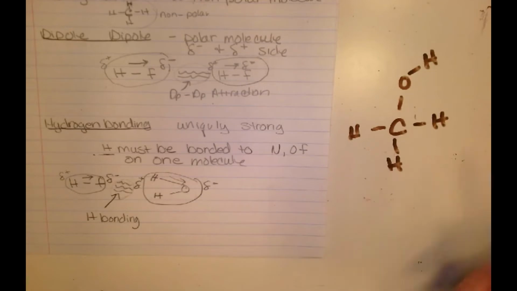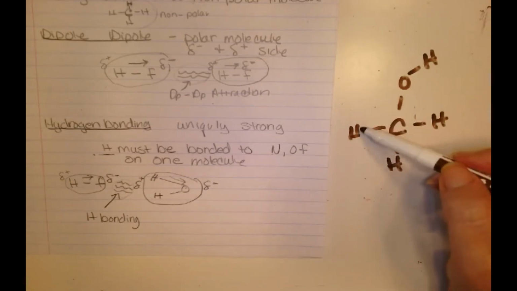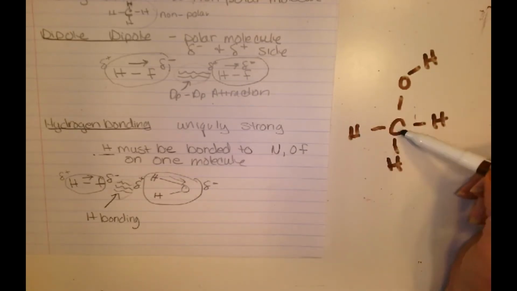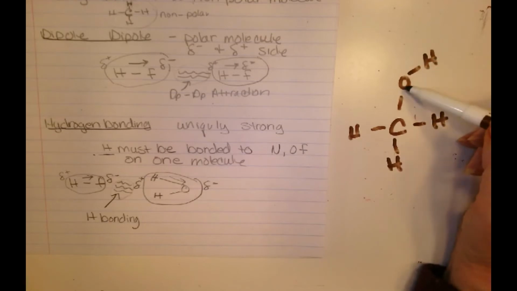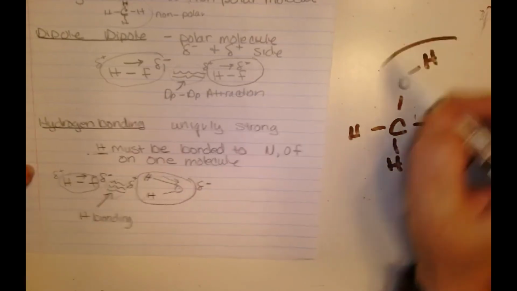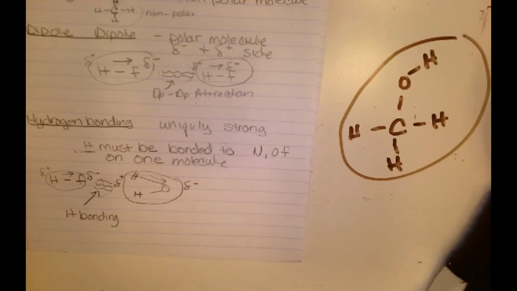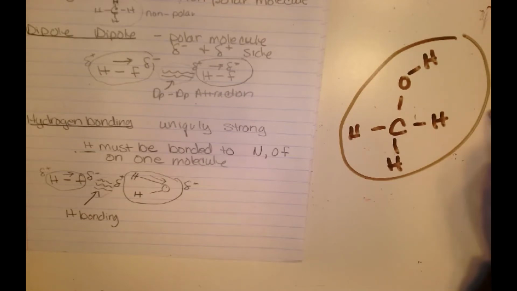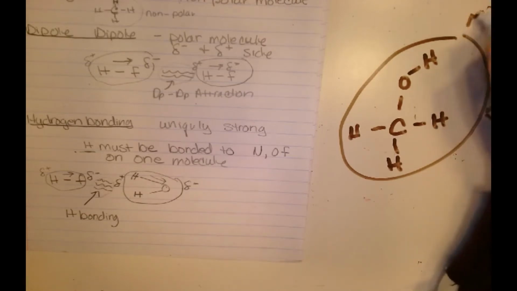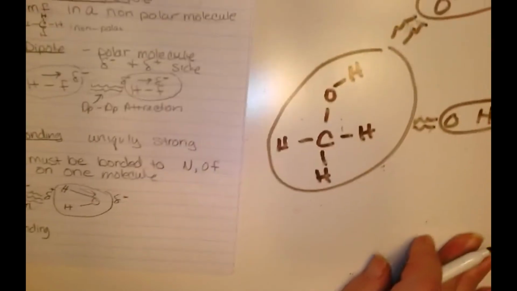Just to drive that point home, here I have 3 hydrogens bonded to a carbon, and this hydrogen's bonded to an oxygen, okay? So let's say that I have an oxygen bonded to a hydrogen here, and an oxygen bonded to a hydrogen here, and these guys attracted each other, and these guys attracted each other.